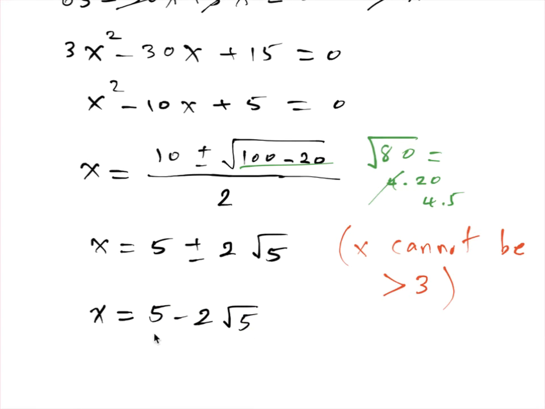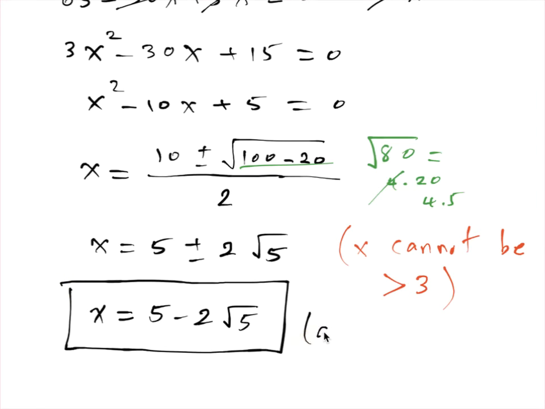This is not a negative number. That should be checked, because x cannot be negative either, right? This is about half. You can check it in your calculator. It's about half.